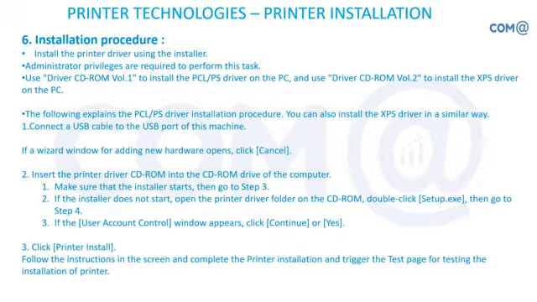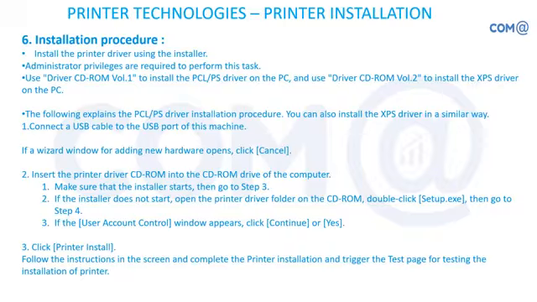Make sure the installation starts once you insert the CD. It has to run autoplay, and then it has to start the installation. If the installation is not starting automatically, you can open the folder inside the CD-ROM and find setup.exe. Click on that setup.exe, and it will trigger the installation.